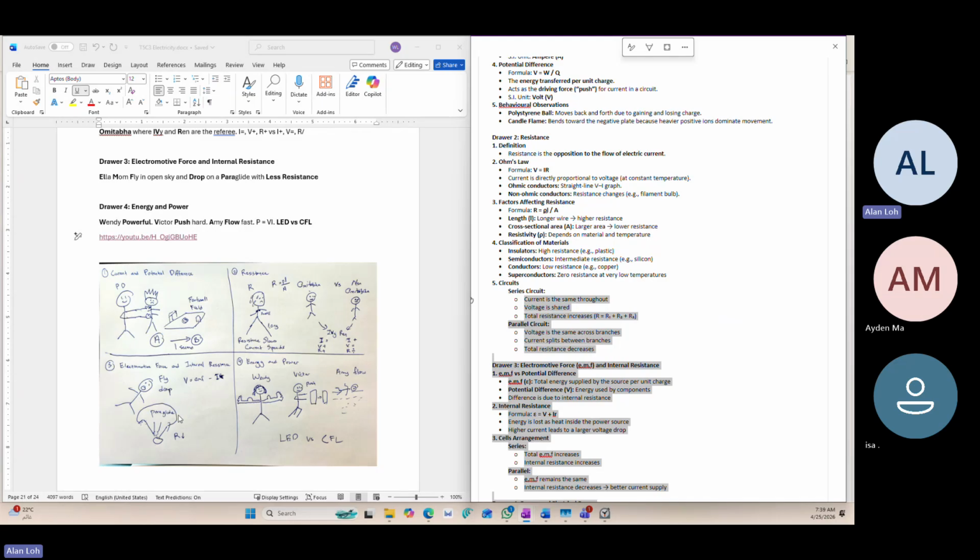Then you have this Ella mom, and then she dropped on a paraglide and has less resistance. Then the last one: you have Wendy, who is a very powerful lady. You have Victor, who is pushing something. And then you have Amy, who is flowing very fast, right? So that is to help you remember, to maintain you at level 9.